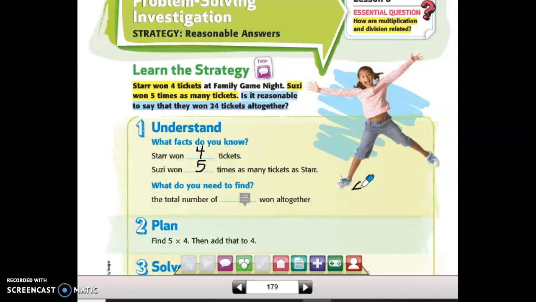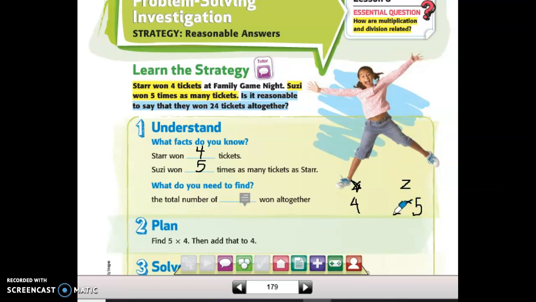Okay, so we're basically taking the number that Star won. Let's do a star for Star. And then we'll just use a Z for Susie, because I don't want to get that confused with Star. Okay, Star, she won 4 tickets. And we know Susie got 5 times as many. Right? 5 times as many what?